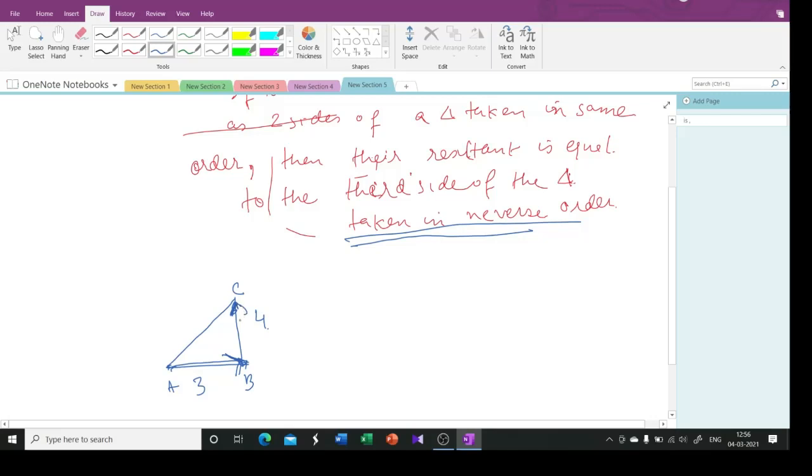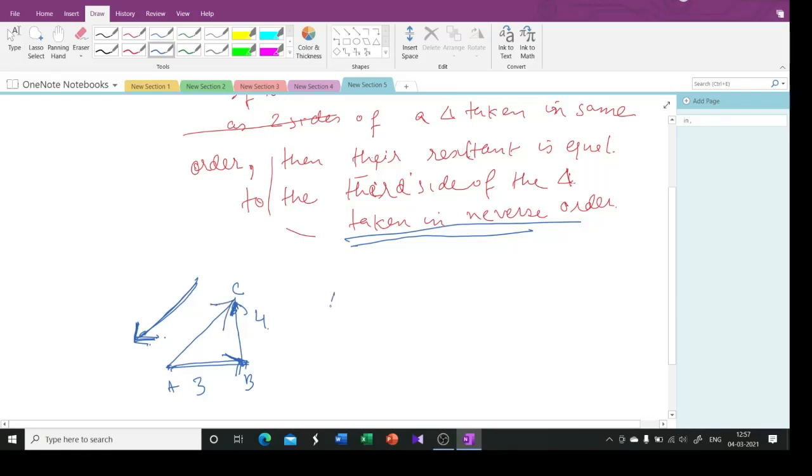So the resultant is equal to the third side of the triangle taken in reverse order. If it had followed the same order, the third side would have been like this, right? But I have said that the resultant is equal to the third side taken in reverse order. So here we are dealing with AC.